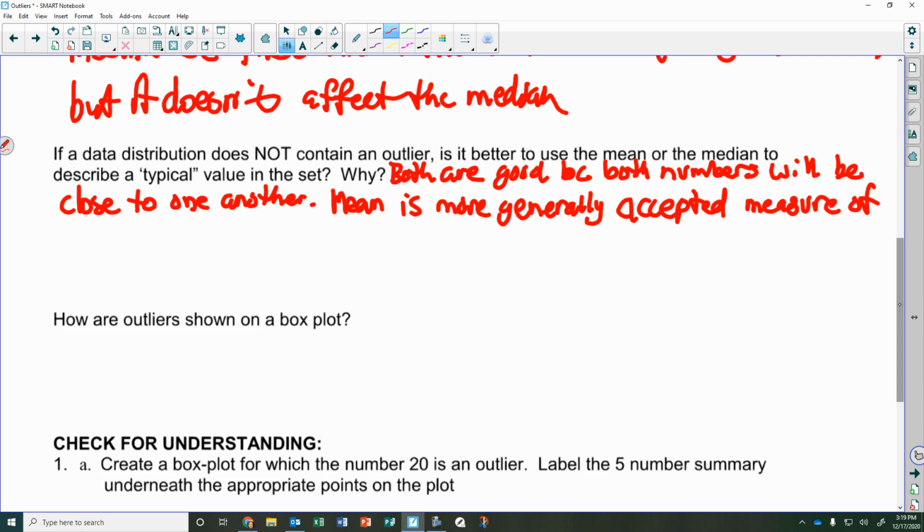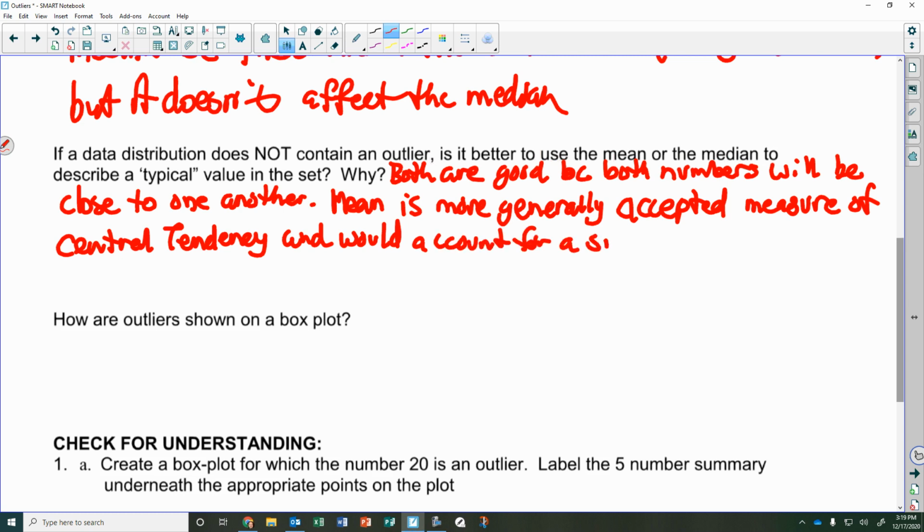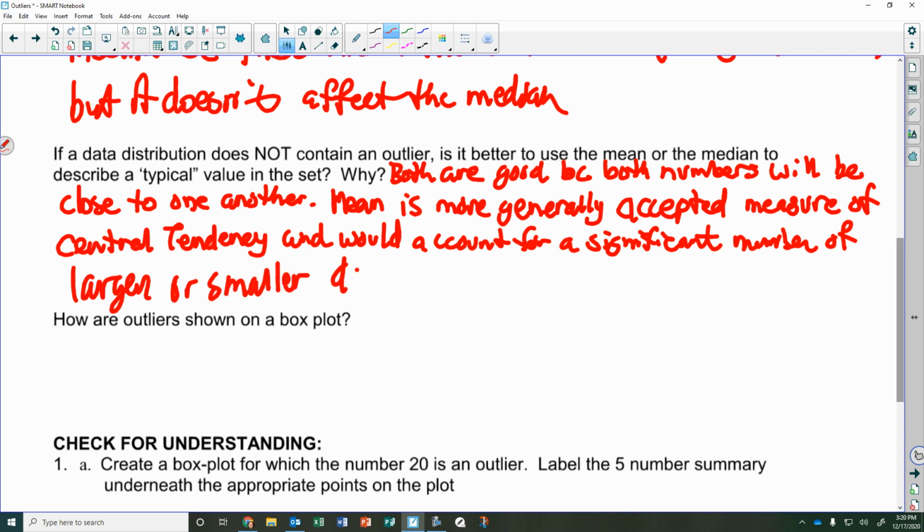That's kind of the preferred if they're both the same, and would account for a significant number of larger or smaller data. Okay. So both would work, but again, mean is usually the generally preferred.